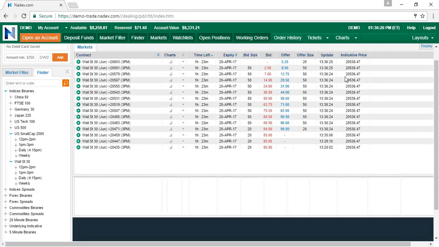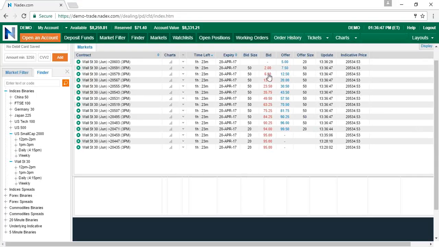It's an average of the last X amount of trades. They take out the highest and lowest and average out the middle. That way you don't get caught in quick spikes right at expiration. So it's always going to be just a little bit different, but that's why it's priced right there for you, or the indicative is listed right there for you.